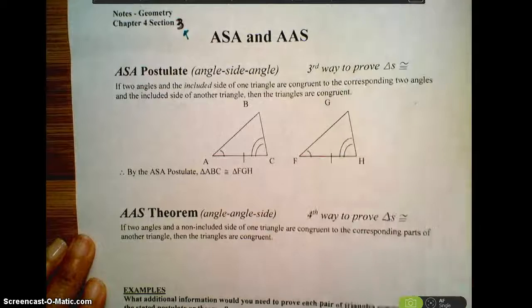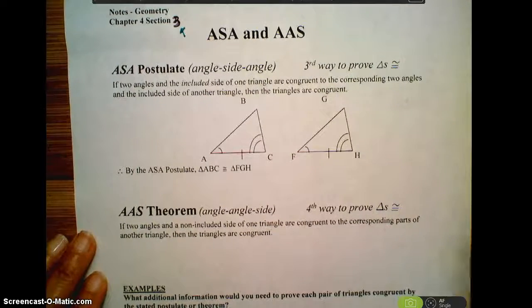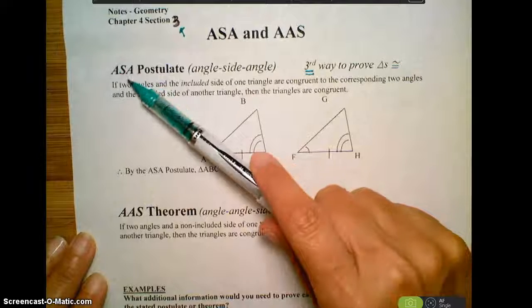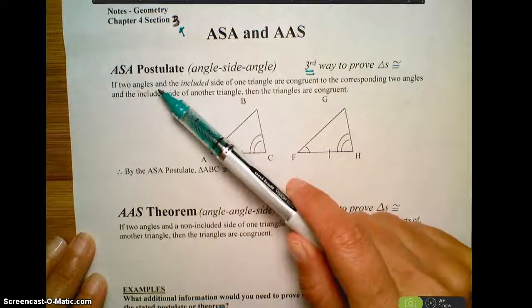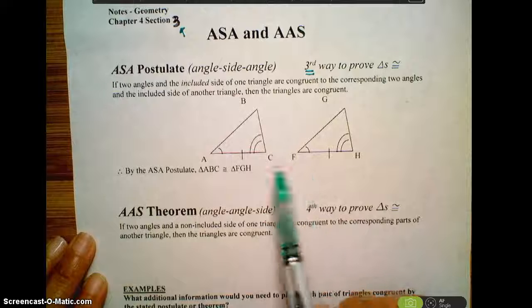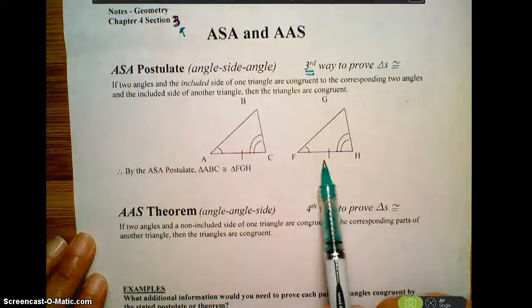Okay, so the first way to prove, or the third way actually in our list, is to prove triangles congruent by angle, side, angle. Notice we need two angles to be congruent to each other, and we need the included side from each of those to also be congruent.